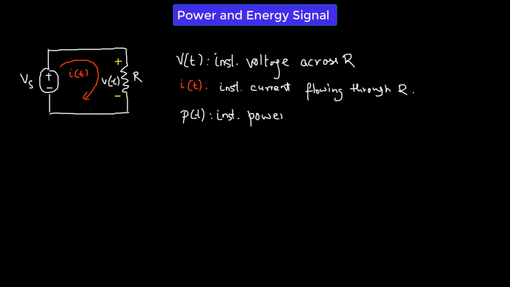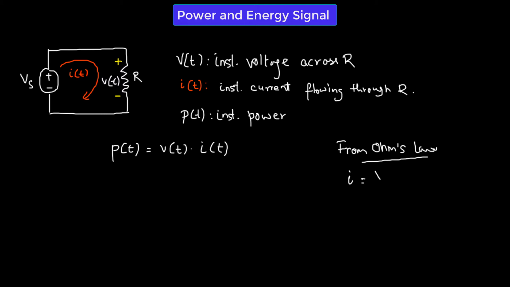So the expression for the instantaneous power, P of t, is given by the product of the instantaneous voltage and the instantaneous current. Now we're going to apply Ohm's law. From Ohm's law, the current flowing through a circuit is given by the potential drop divided by the resistance offered by the circuit.